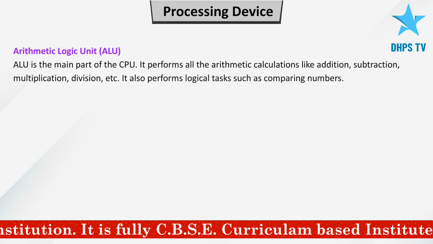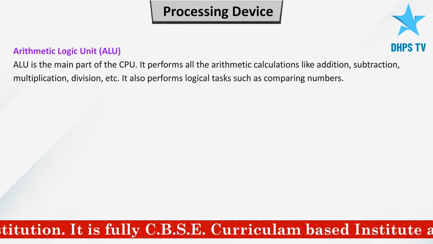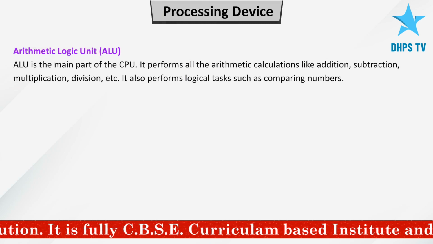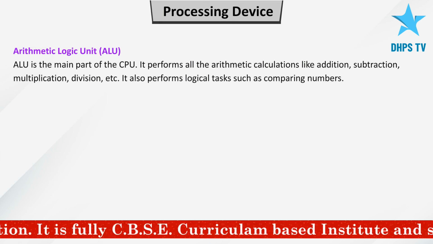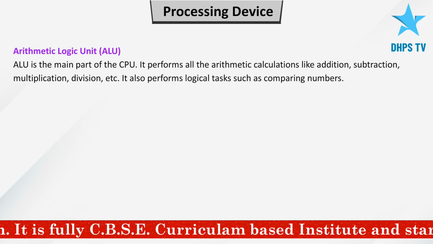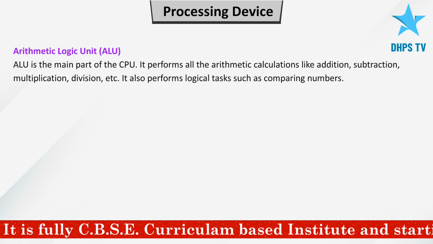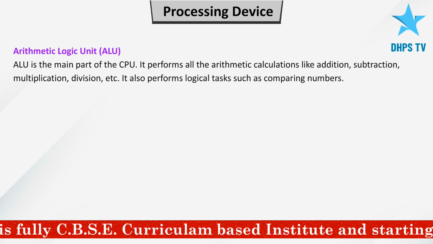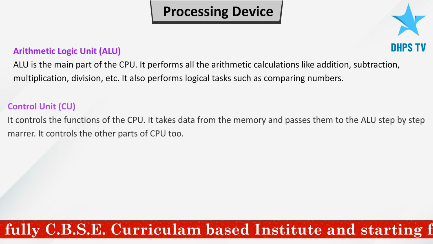Arithmetic Logic Unit, ALU. ALU is the main part of the CPU. It performs all the arithmetic calculations like addition, subtraction, multiplication, division, etc. It also performs logical tasks such as comparing numbers.